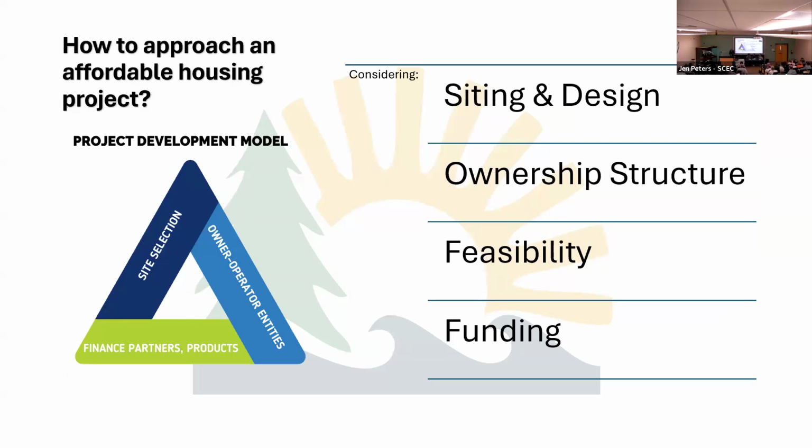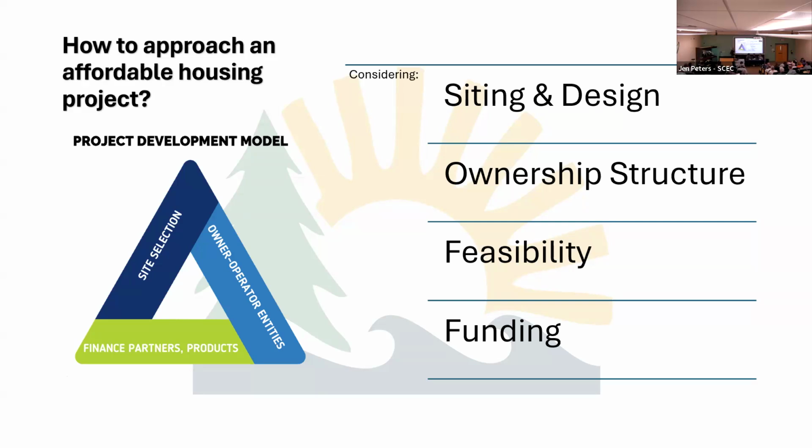So today we're going to run through the process of creating an affordable housing project from start to finish, and then look at some scenarios at the end. First, we're going to hit the key components for getting an affordable housing project underway. So first, we need to find a site, right?